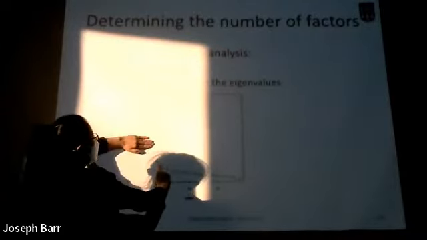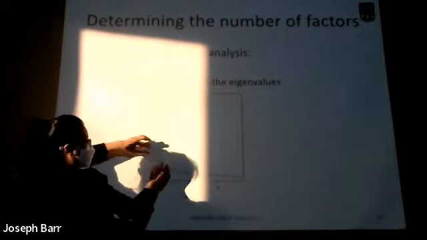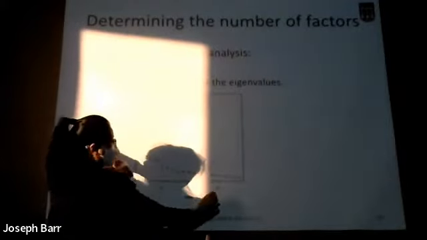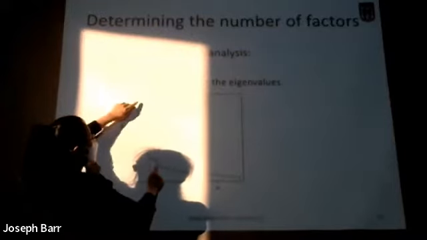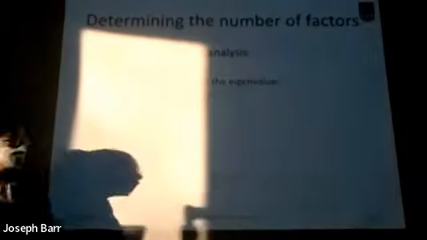We have 4 eigenvalues that are dramatically larger than the rest, so the K is 4: 1, 2, 3, 4. This is called the Cattell scree plot.